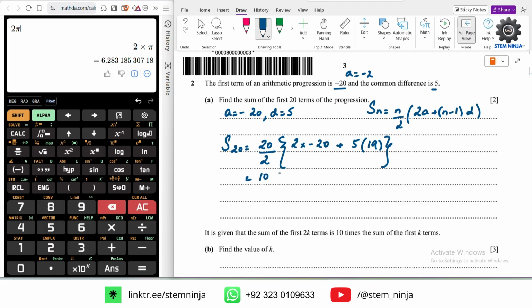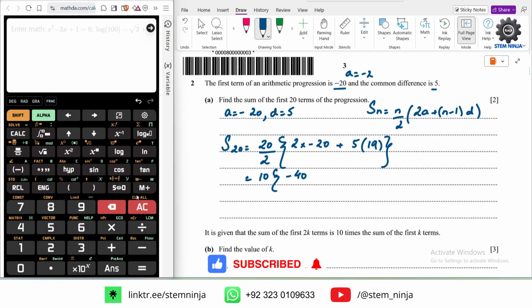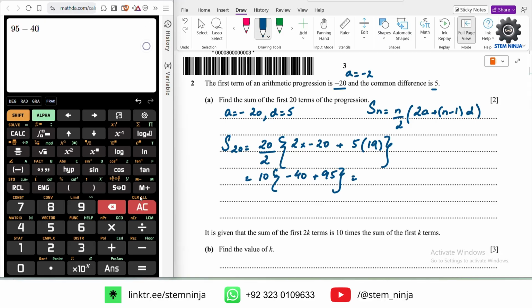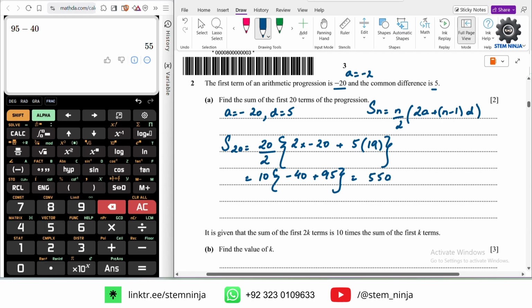So 10 times by minus 40, and 19 times by 5, that is 95. So 95 minus 40 times by 10, which is 550.